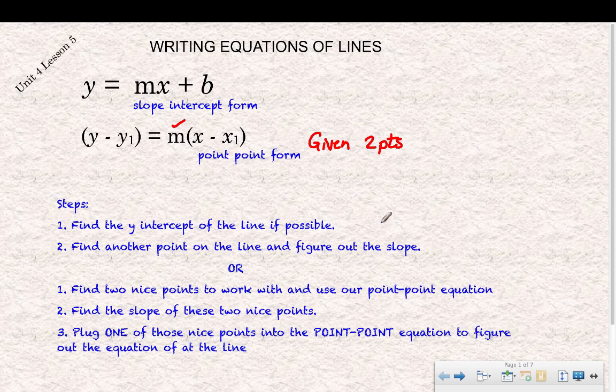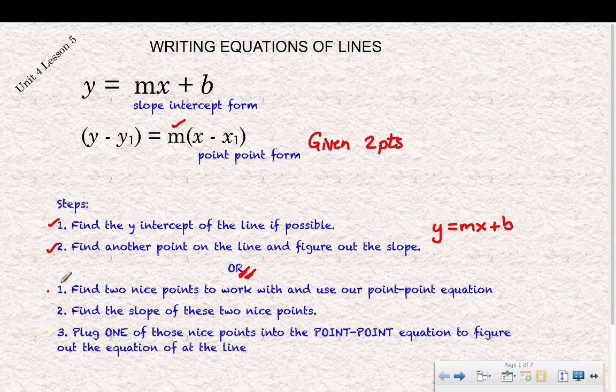So the first one, we always try and do the y equals mx plus b first, because that's the really easy one. So we try to find the y-intercept of the line, because once we find the y-intercept on the line, we can use another point to help us figure out the slope. But that doesn't always work. That's why we sometimes have to use the point-point form.